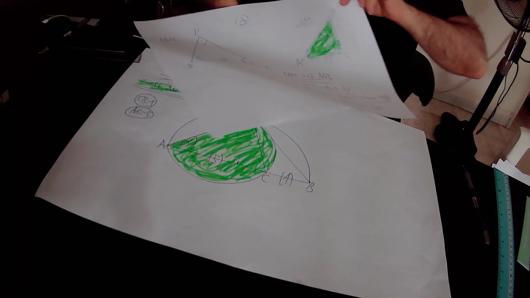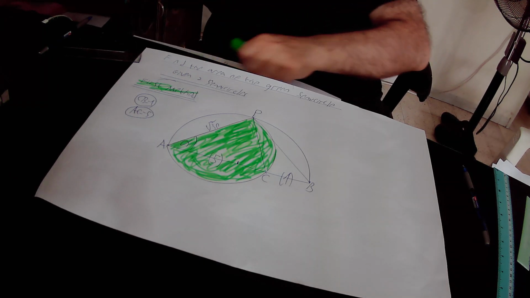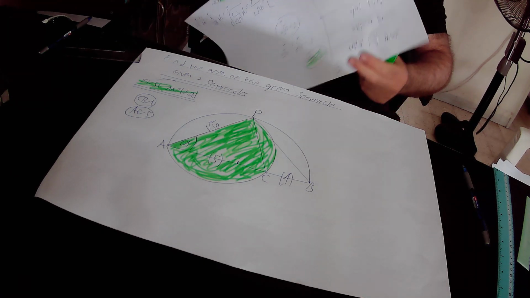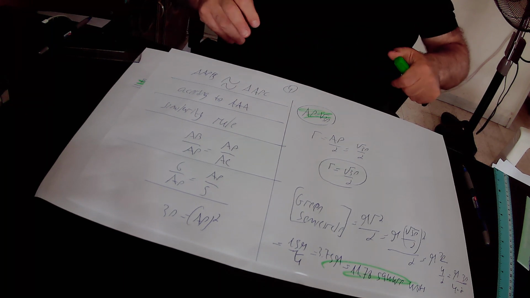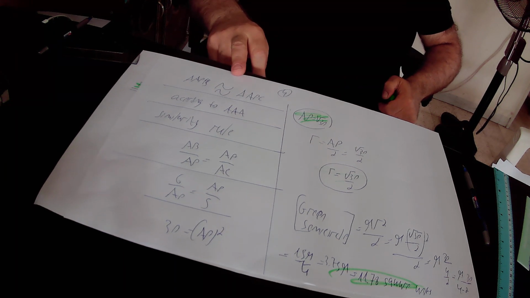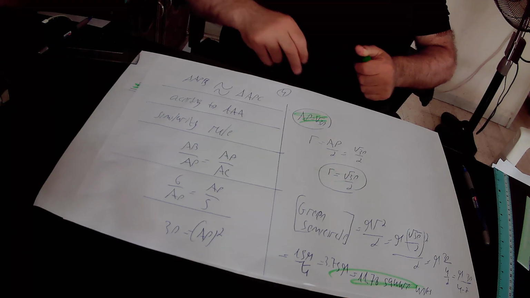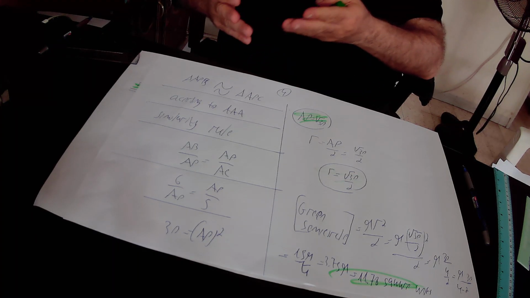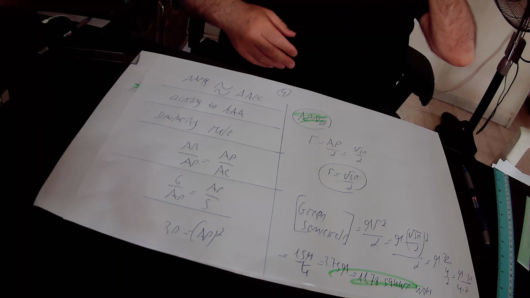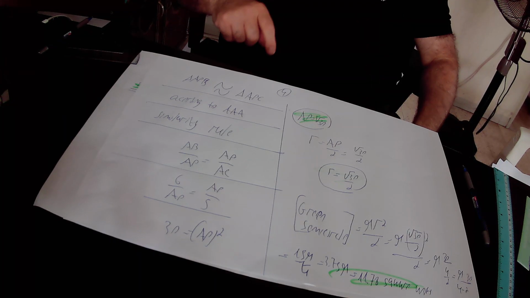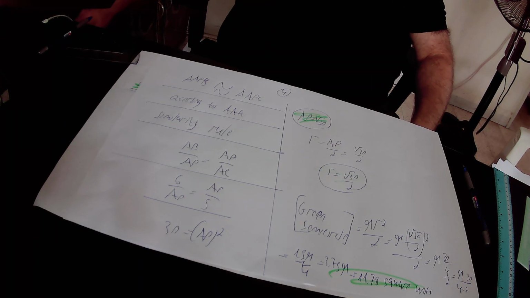So repeat again, we actually proved that the white triangle APB is similar to the green triangle APC according to the angle similarity rule. And for the fact that those two right triangles are similar to each other, we derive that the following relationship exists between their sides.